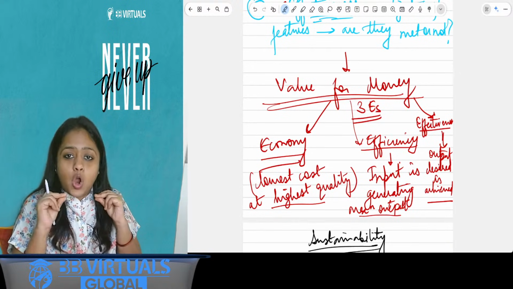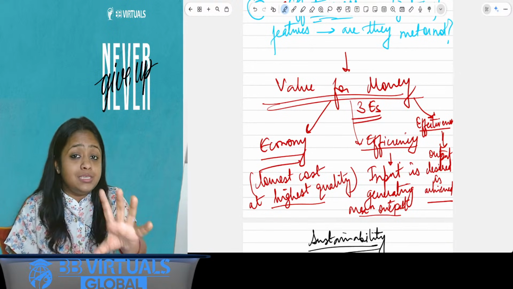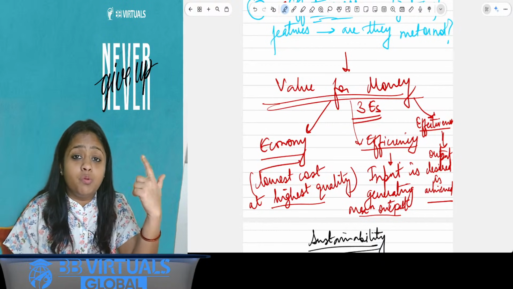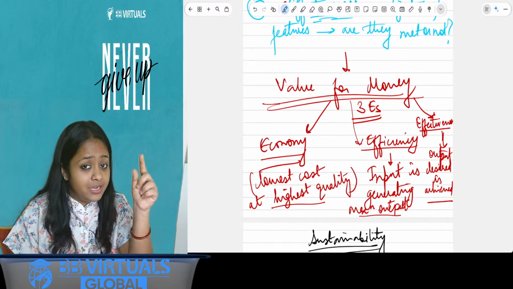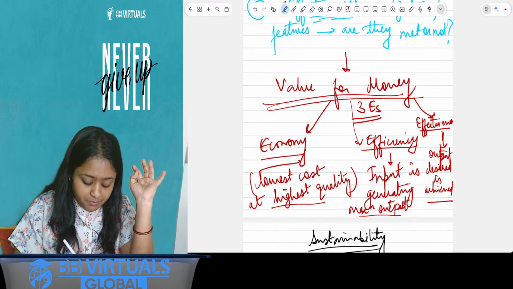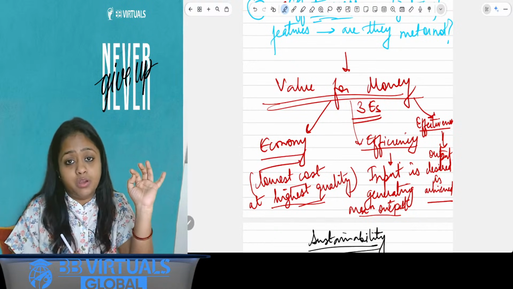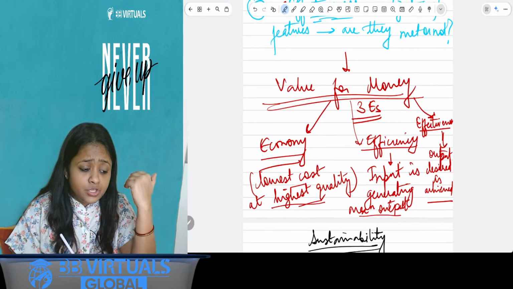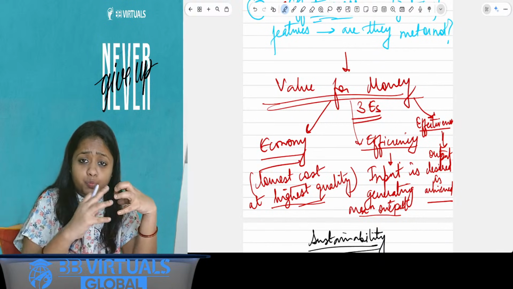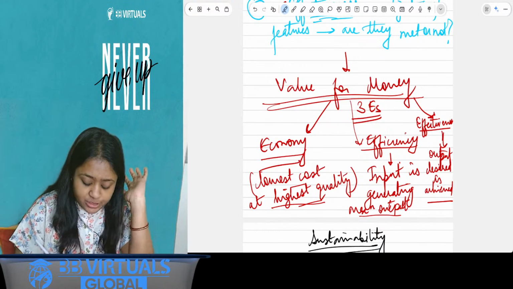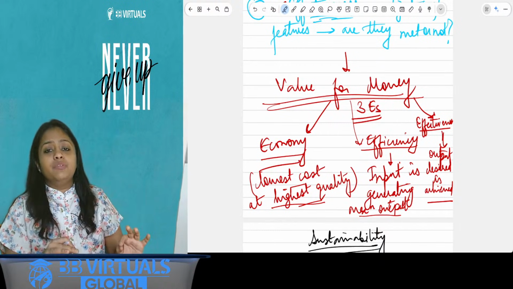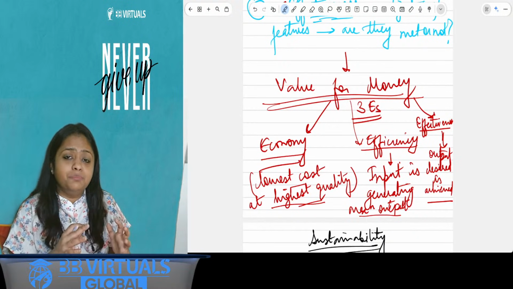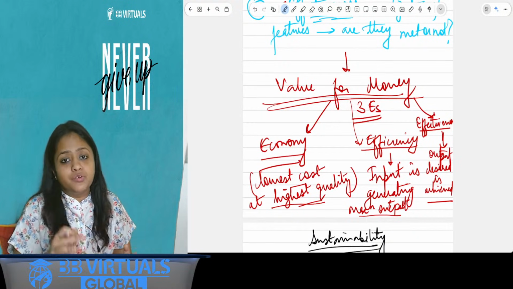A quick tip to remember what each relates to. When you have a question which talks about lower cost or cost angle, it is economy. Economy means lowest cost with highest quality. When your question focuses on the input side, the input output relationship, then it's efficiency. Here we simply see how the input is generating the output.